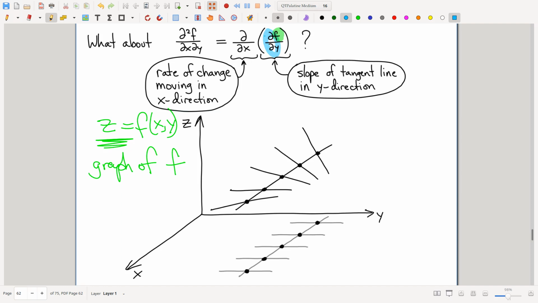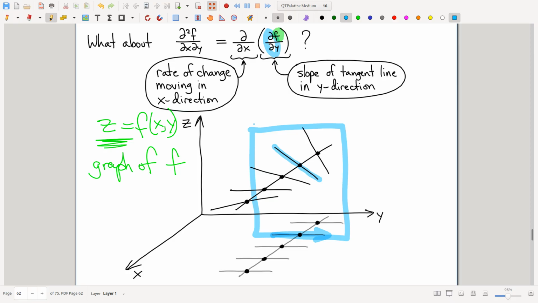Y partial means that I'm going to look in the y direction, because we're taking a partial with respect to y, and we're going to look at the vertical cross section in the y direction. Look at the corresponding tangent line to that cross section, and so the y partial is this slope. If I were looking at this point, the y partial is the slope of that line, right? Again, kind of old news. Everybody with me so far?